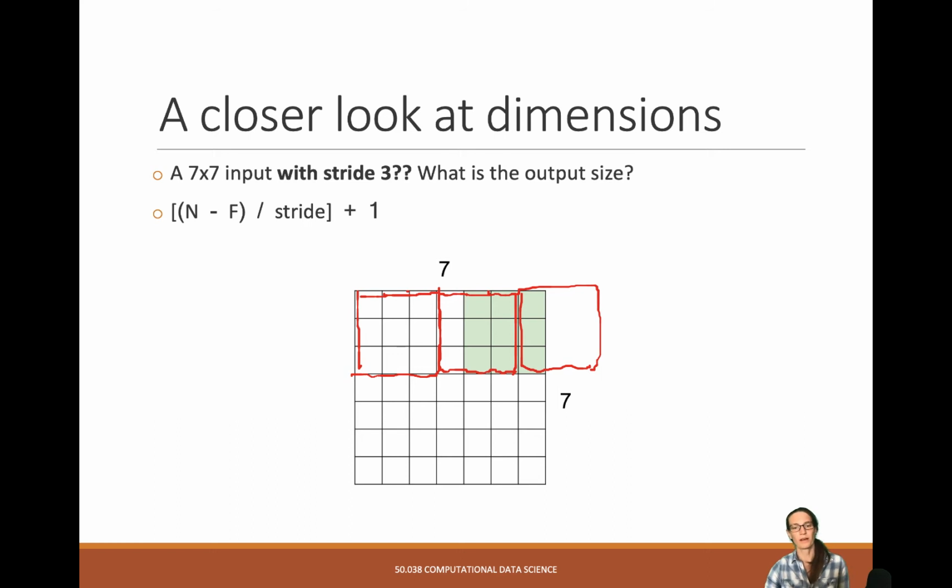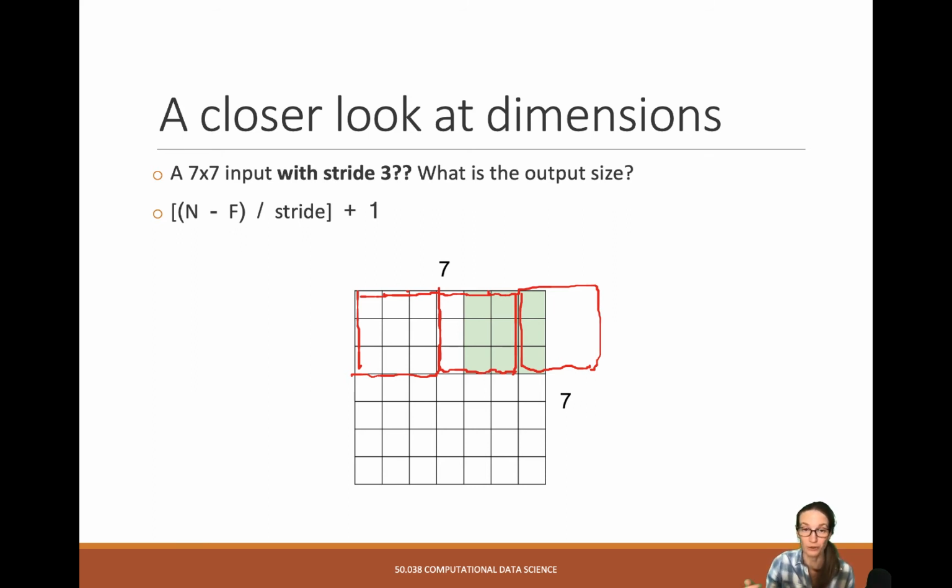This is why with convolutional neural networks, even if you use a nice fast AI or Keras, you always have to think a little bit about dimensions. So it's important that you can calculate dimensions. There's a little formula that you can use, which is basically the input image size n minus the filter size, divided by the stride, plus 1.